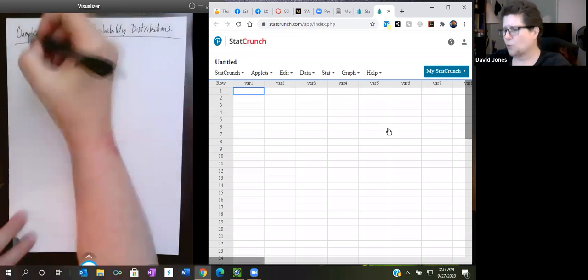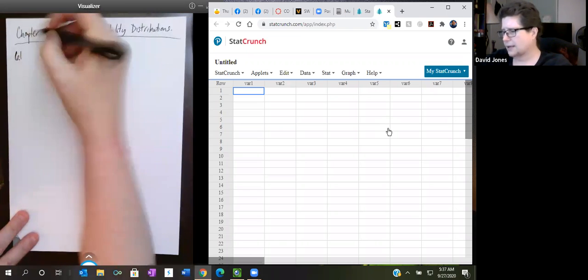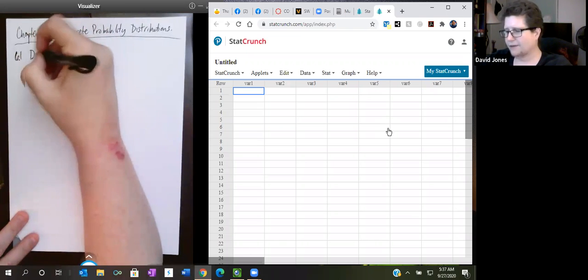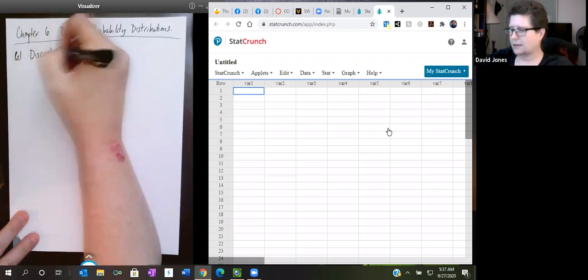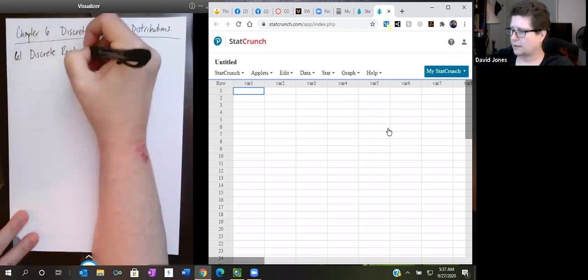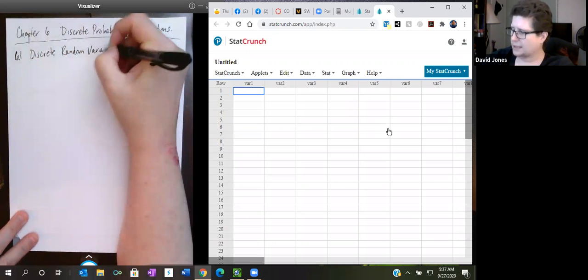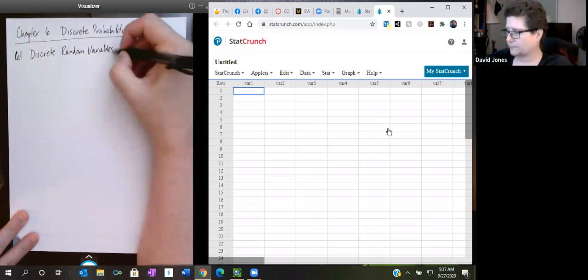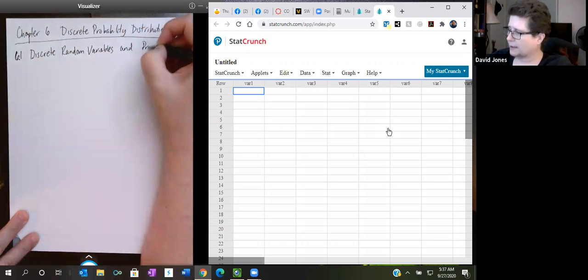So 6.1 is on discrete random variables, and the basic probability model and probability distributions.